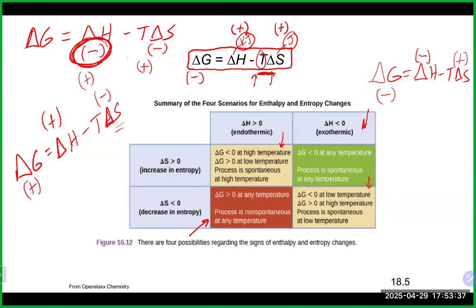If you then get a really high temperature here, this positive part can overtake the front part and it will become non-spontaneous. So if we have, again, a negative and negative for delta H and delta S, at our low temperatures, we're going to get spontaneity, and at our high temperatures, we'll get non-spontaneous. Any questions on that there?